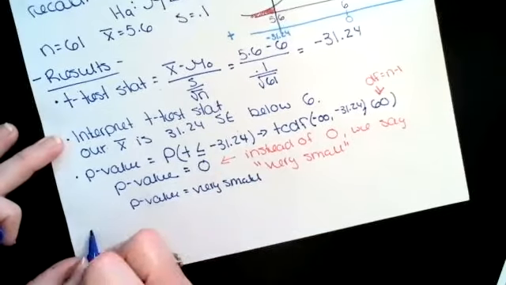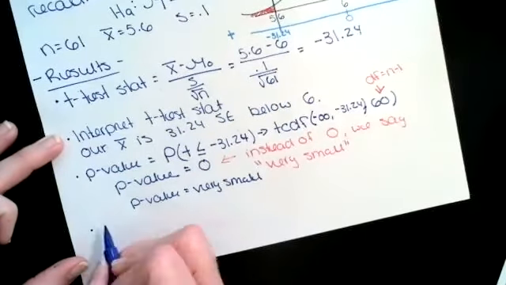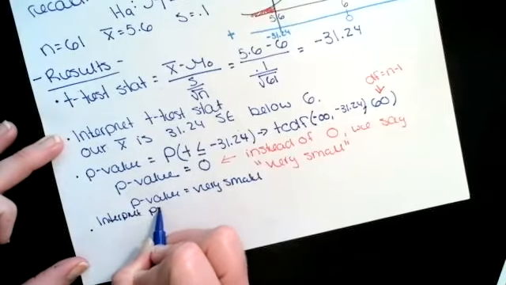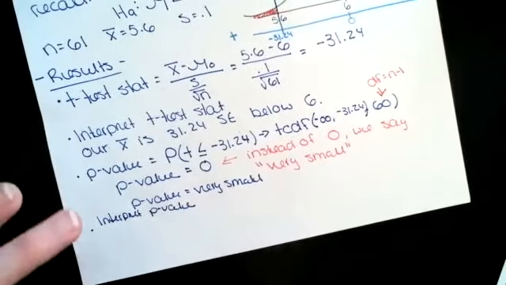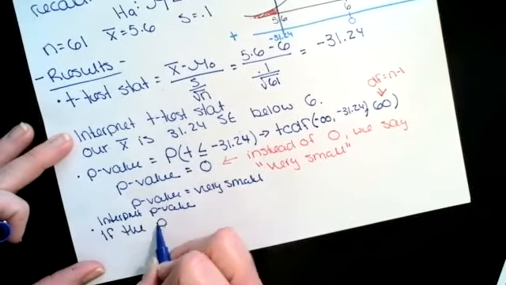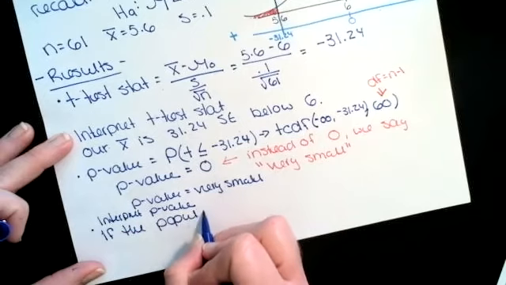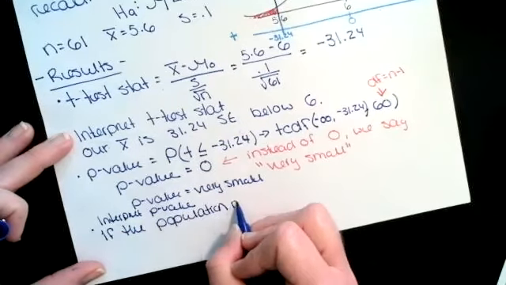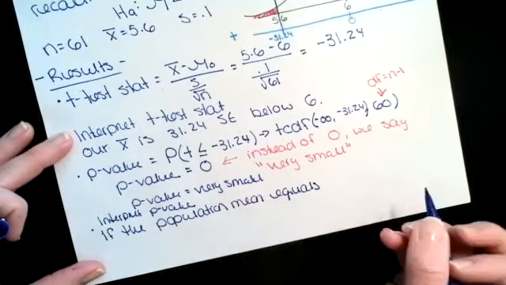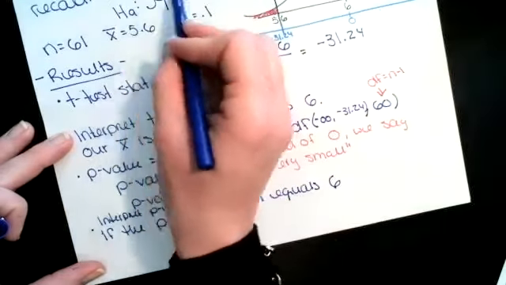And now I need to interpret this value. To interpret my p-value, I'm going to say if the population, now we're talking about numerical data, right, so it's mean, equals 6, that's my null.